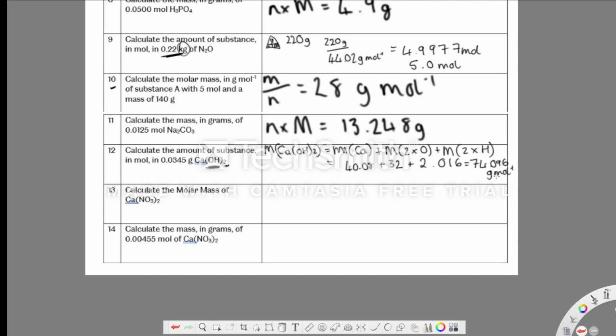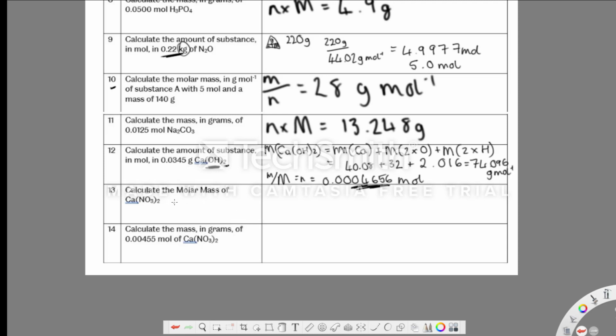Then we can input that into the equation where we have mass over molar mass equals N, and that equals 0.0004656 mole.